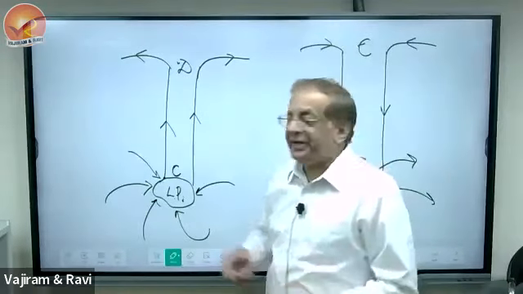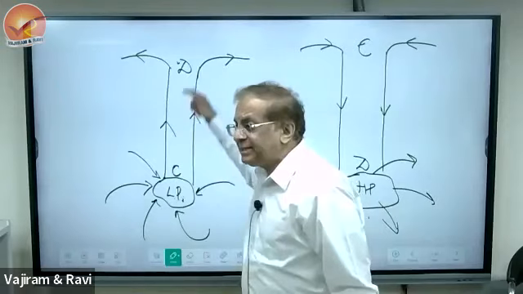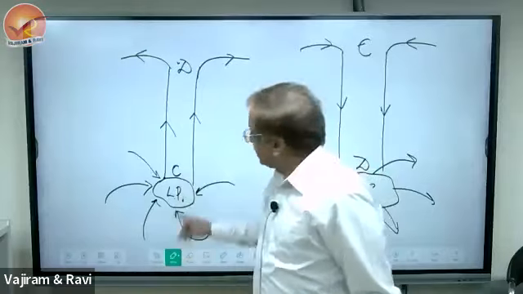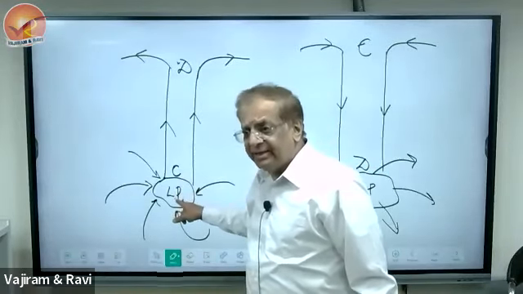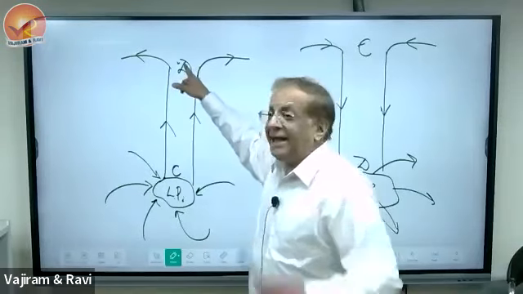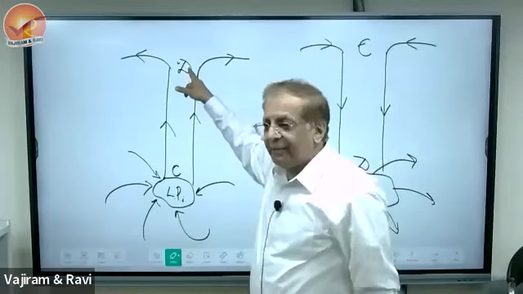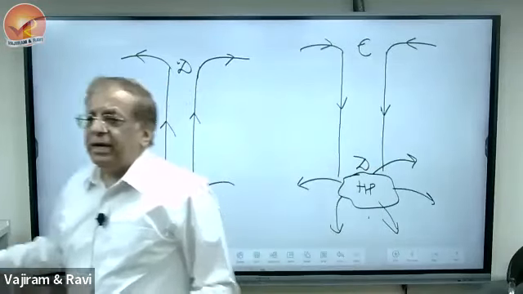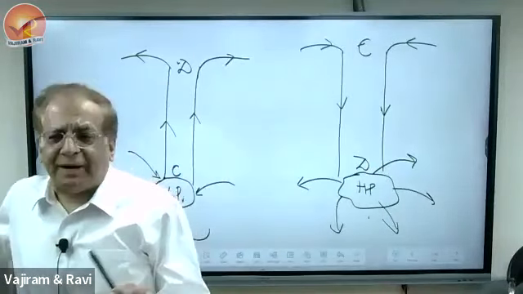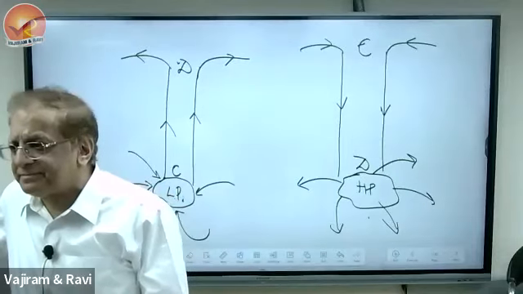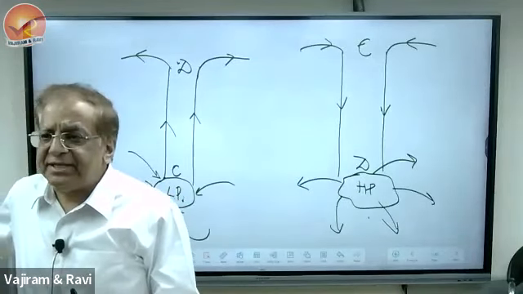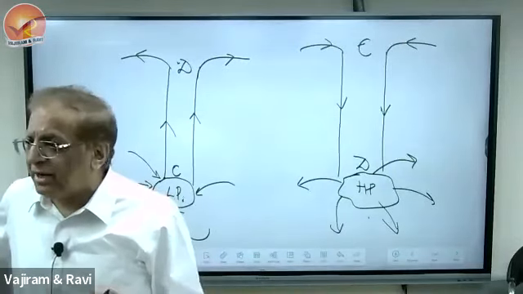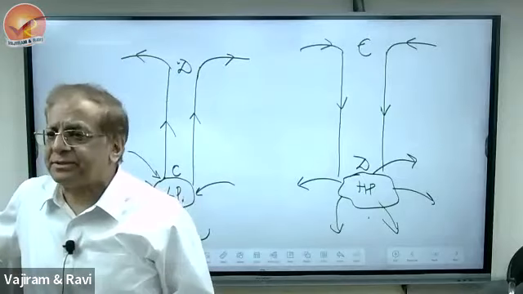Now I'll say we do not know exactly which is cause and effect. But we have never seen a cyclonic system in the lower troposphere without an anticyclonic system in the upper troposphere, and vice versa. So remember, in almost all the complex parts of atmospheric science, our discussions will not reach the level of cause and effect. Our studies would be based on correlations.